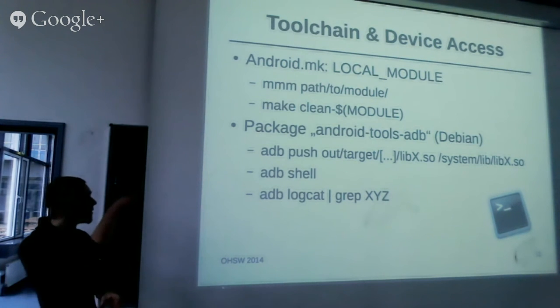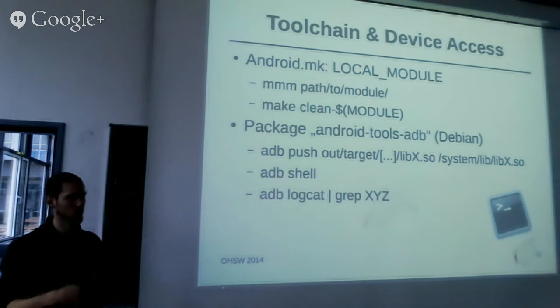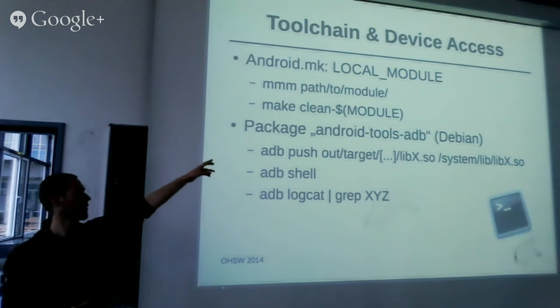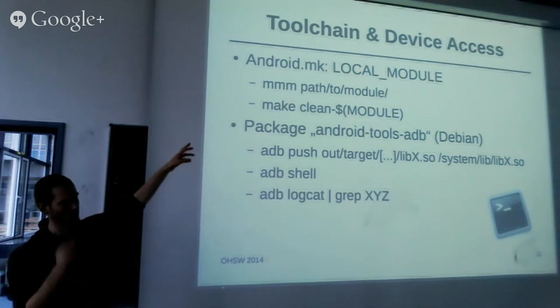It will then automatically check which module is in there and compile it. And if you want to clean it, you can run make clean and then the name of the module. That's why you need to look it up before.